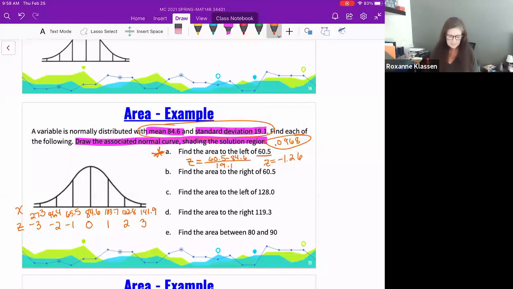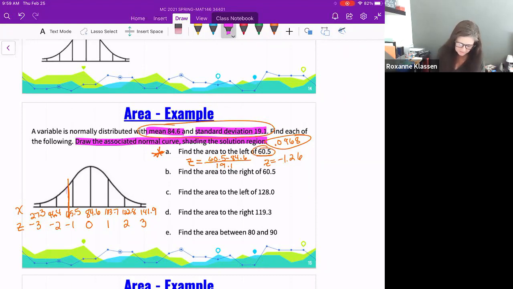So we're shading things. So a z-score of negative 1.26 would be about here, right? Between -1 and -2. And look at my number, that makes sense. This is 65.5. We should be less than that. We should be at 60.5 because that was our X value, okay?